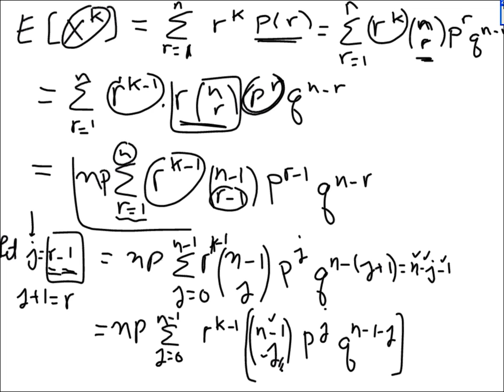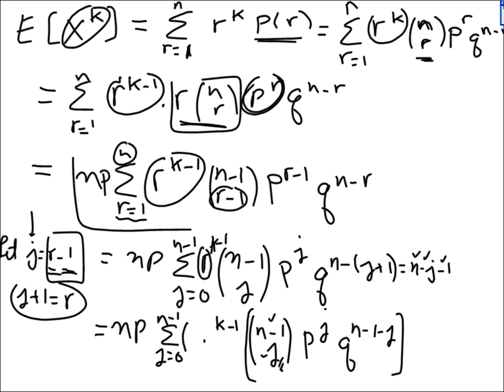So that part is like the probability that x equals j. Now, one last comment. R is j plus 1. So let me put that here.